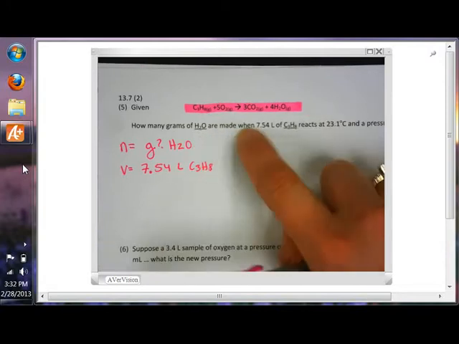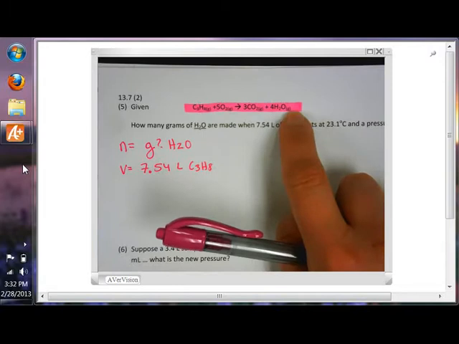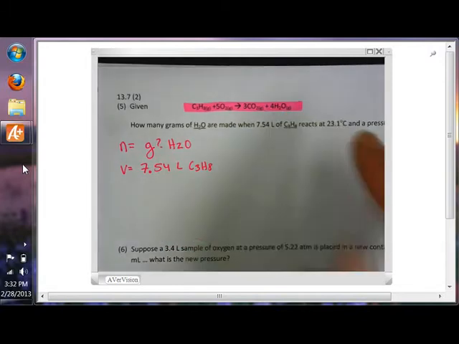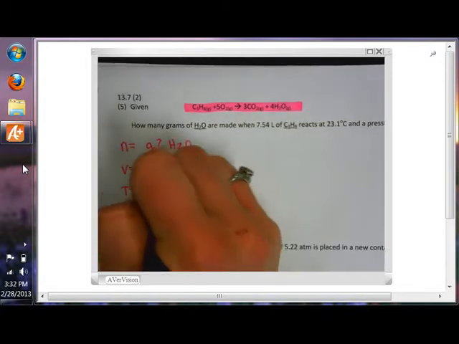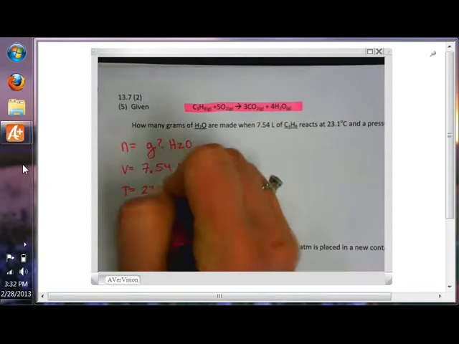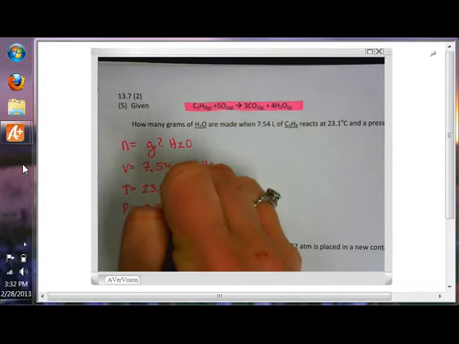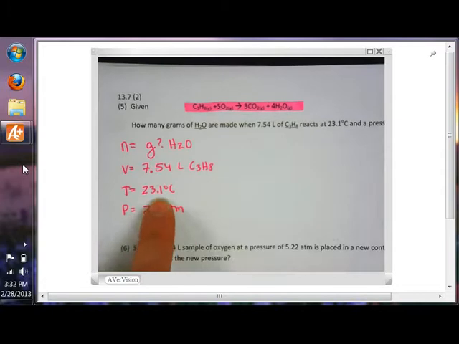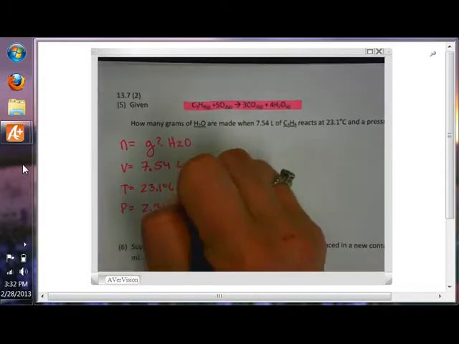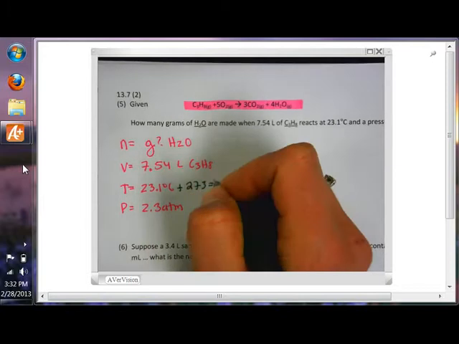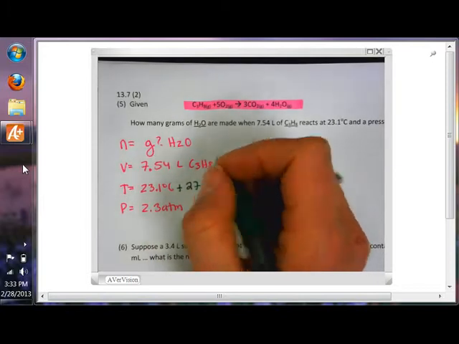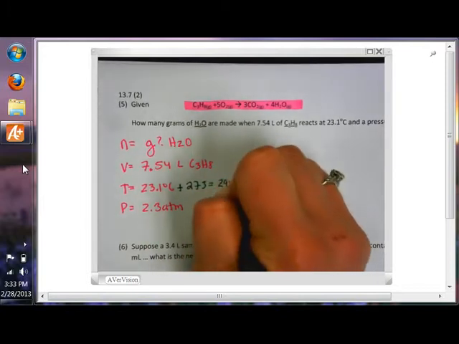They give me temperature is 23.1 degrees Celsius, and they give me a pressure of 2.3 atm. So this is PV equals nRT, so I need to be in Kelvin. I actually always need to be in Kelvin in this chapter. So I add 273, and I get 296.1 Kelvin.